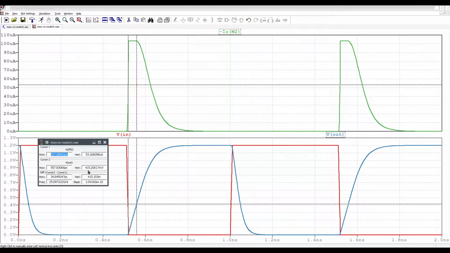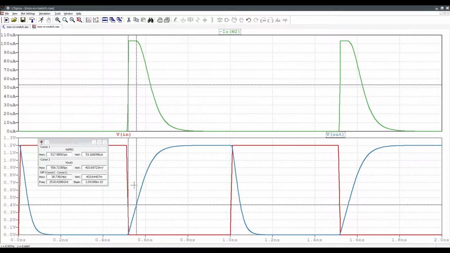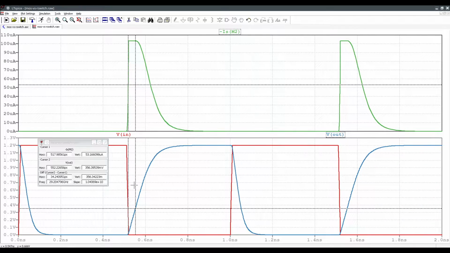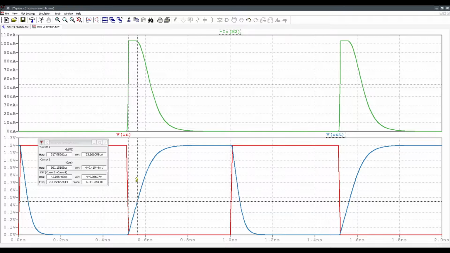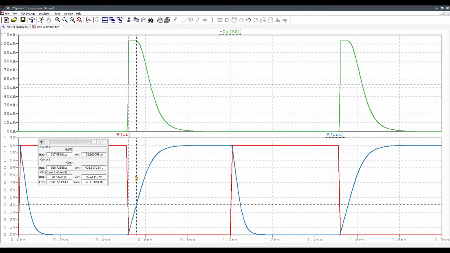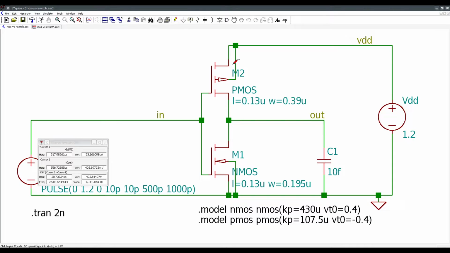It is at 415 millivolts or so. I can use the arrow keys to scoot that around just a little bit. All right, so let's just say 400 millivolts. It looks like 400 is where it goes off of constant current into triode mode. Well, if I look at the schematic during this situation, the drain voltage is at 400 millivolts. The input voltage is at 0 during that time, of course.